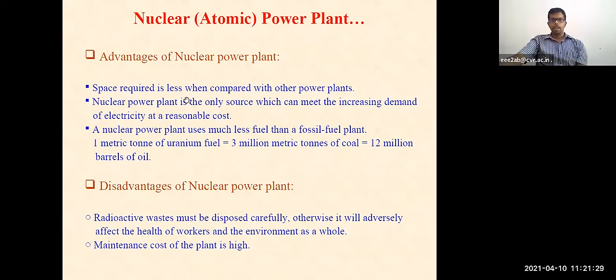Less space is required compared to other power plants. A nuclear power plant is the only source which can meet the increasing demand of electricity at reasonable cost.